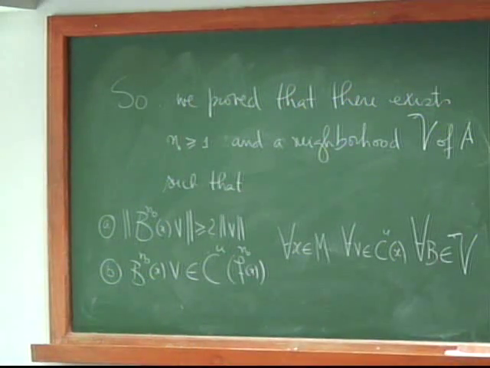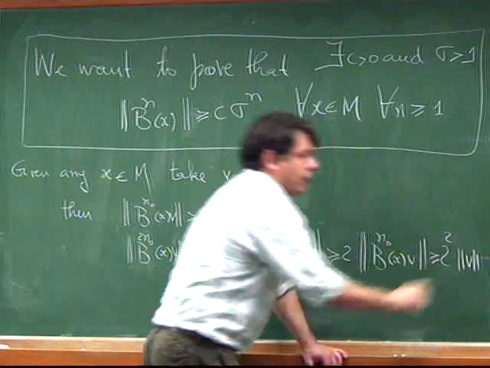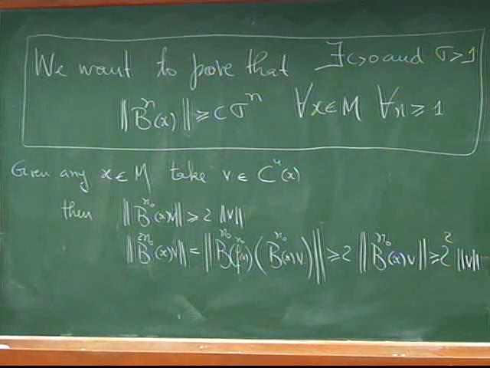And this is bigger than 2 squared times the norm of v. Okay? But see how important it was to know that at the end we are again in the cone, so that we can iterate this procedure. It's not that every vector is expanded.